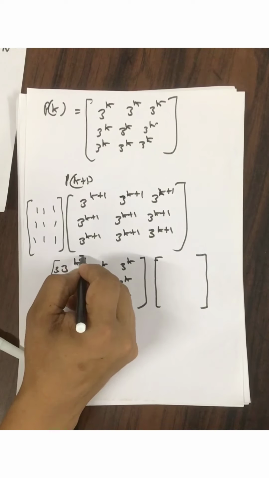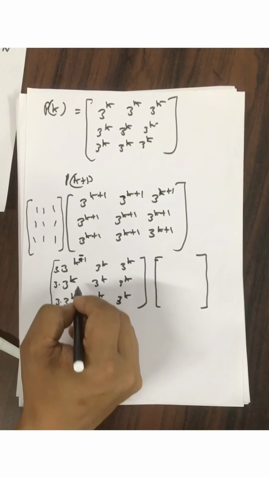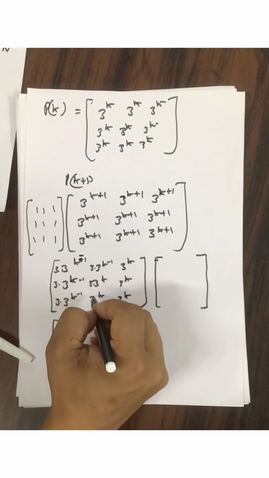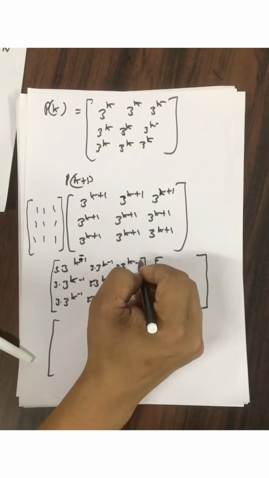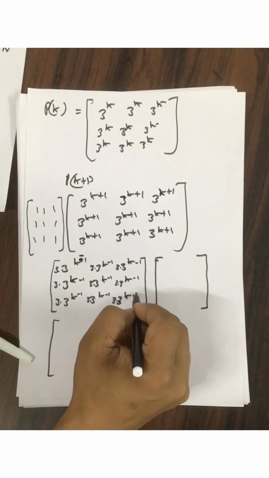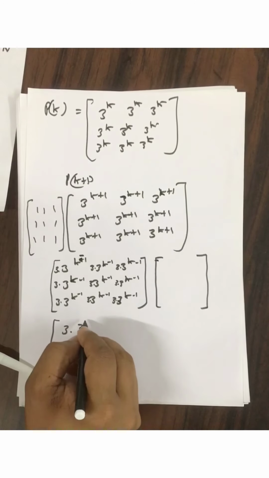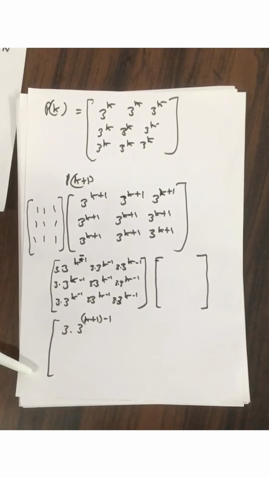Not plus 1 minus 1, because once we take 3 out, once you do this much, you can see clearly. Further, you can expand 3 into 3 to the power k plus 1, then minus 1. Can we write? See, minus 1 plus 1 cancel, and this will become 3.